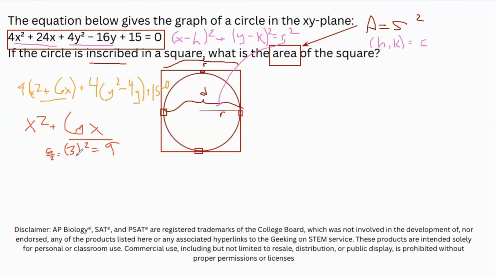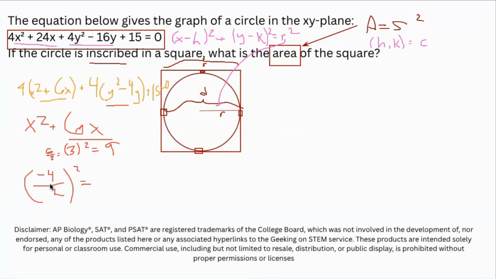Now that we have that, we're going to add that back in. We're going to do the same for this value here and complete the square. Remember, it's -4 here, so I have -4 divided by 2, and then I'm going to square this whole thing as a fast process.